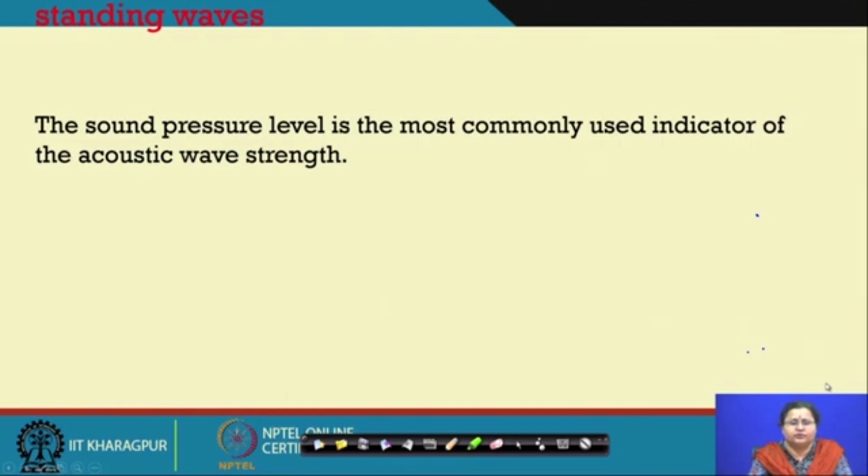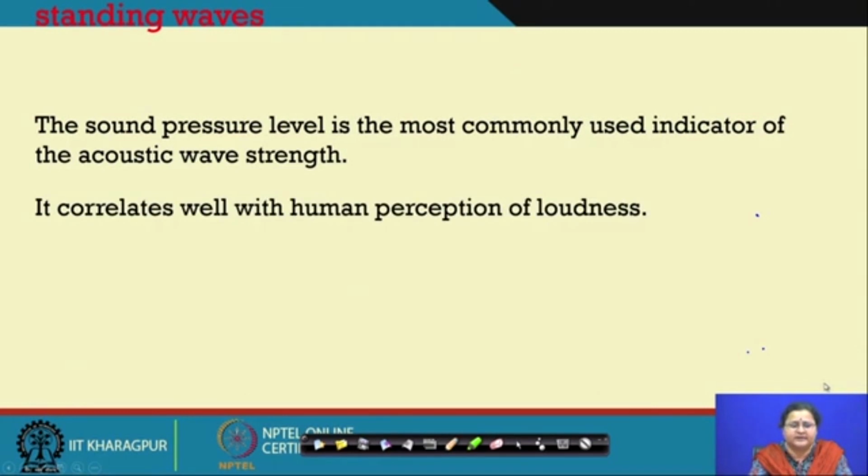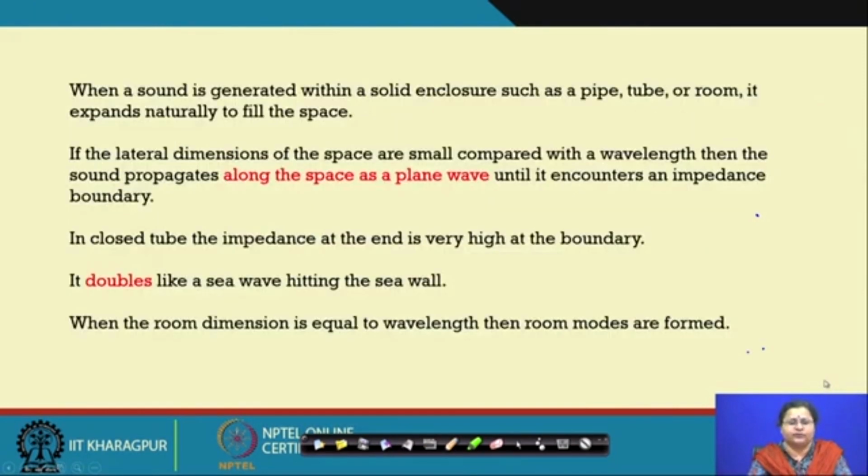Now we come to the phenomenon of standing waves. You have learnt in the previous lectures that sound pressure level is the most commonly used indicator of acoustical wave strength, and it is correlated with the human perception of loudness. When sound is generated within a solid enclosure, such as a pipe or a tube, or in our case a room, it expands naturally and fills up the space.